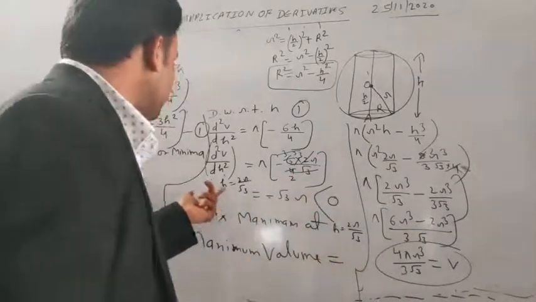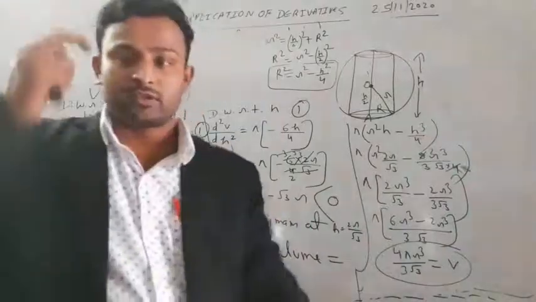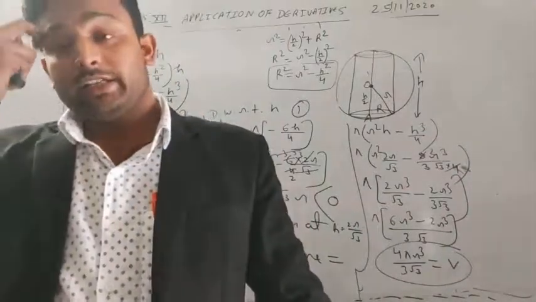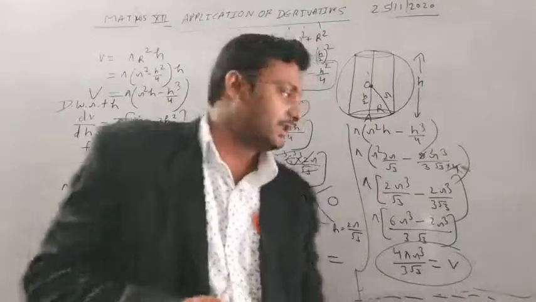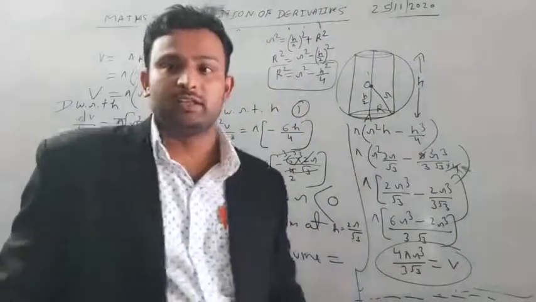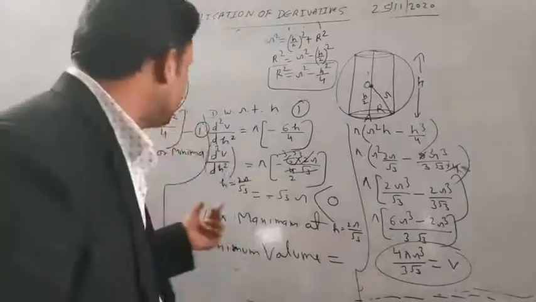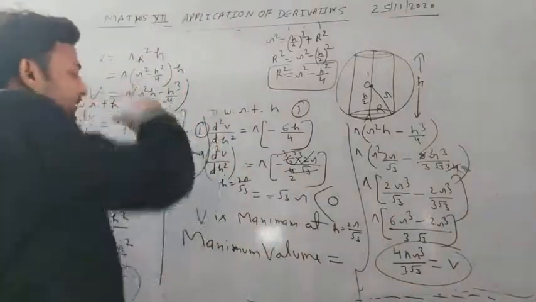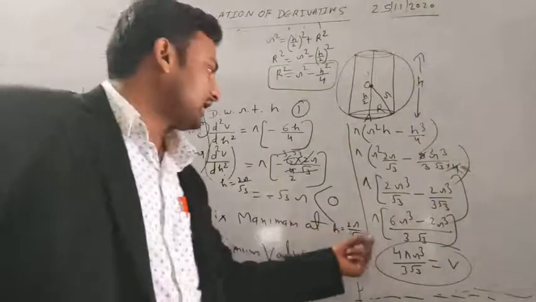Our second derivative is negative. It means that the volume will be maximum at that point.